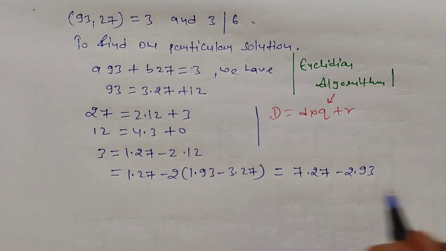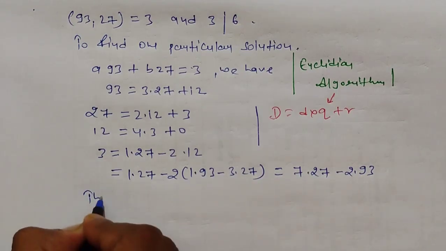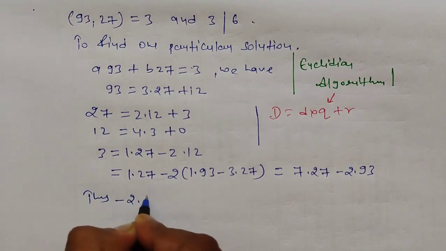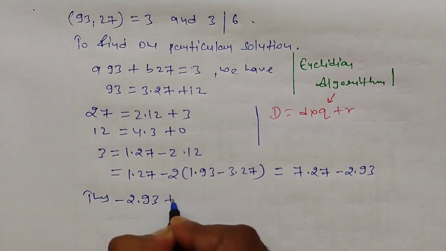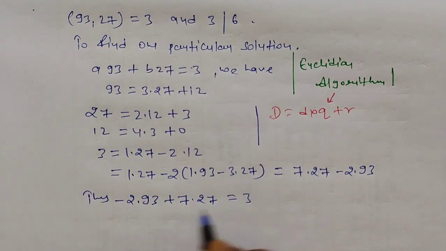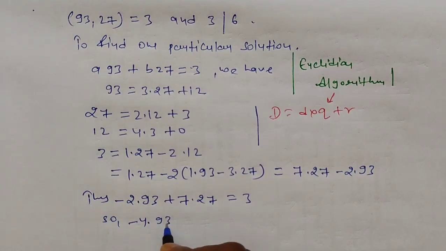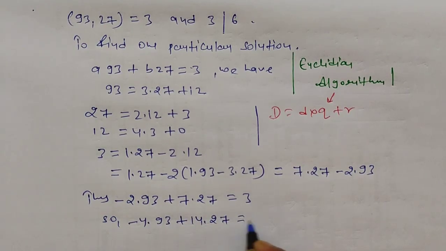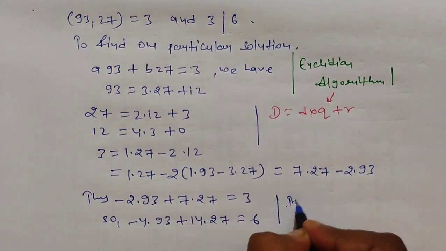Now we have minus 2 into 93 plus 7 into 27 is equal to 3, and so minus 4 into 93 plus 14 into 27 is equal to 6.